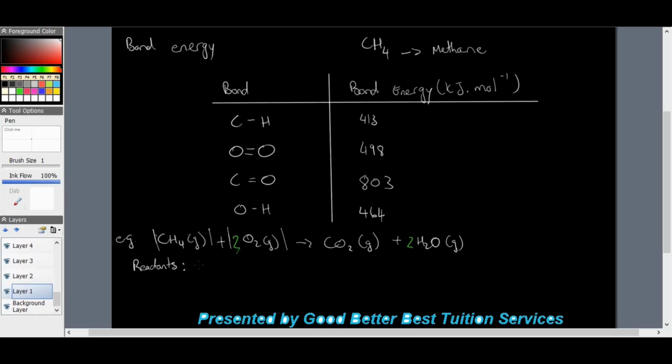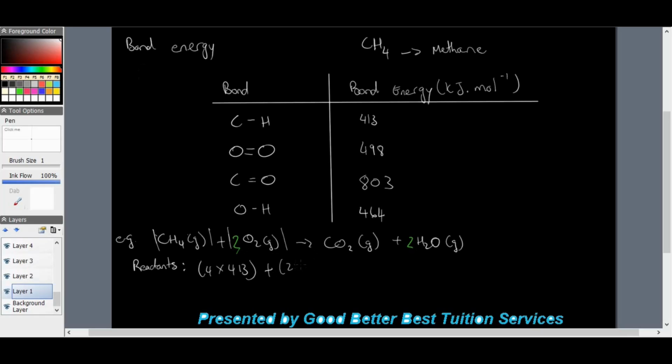So I'm going to take 4 times 413. So I've got CH4, so 4 of these over there, over there, over there. So there's 4 of them. So 4 times 413 plus, and I've got O2, double bond oxygen, but I've got 2 O2s, which makes it 2 times 498.